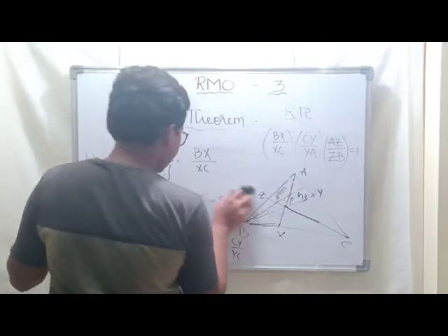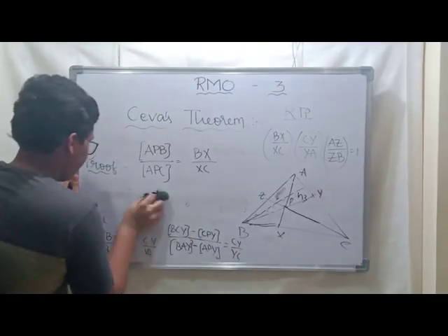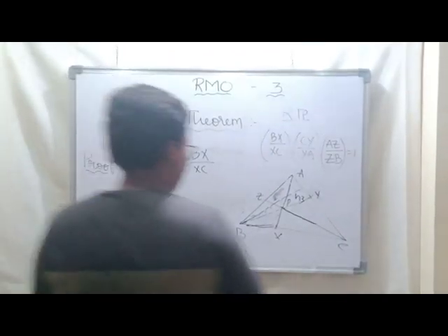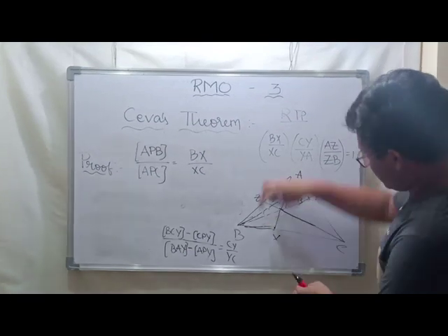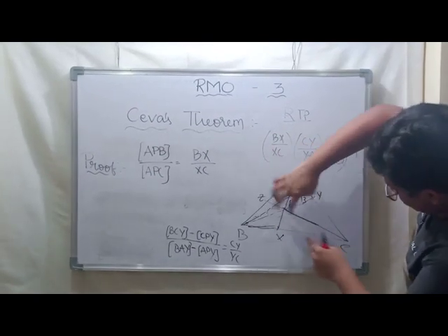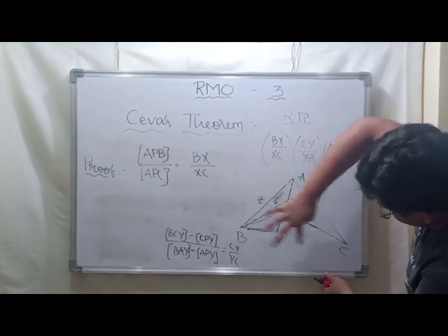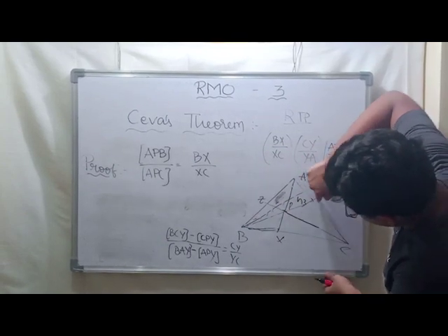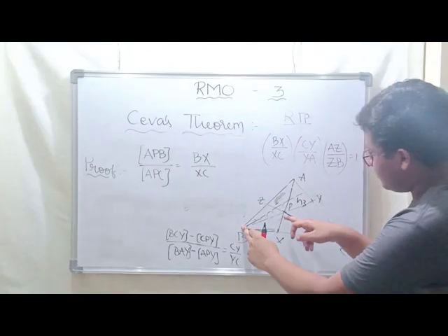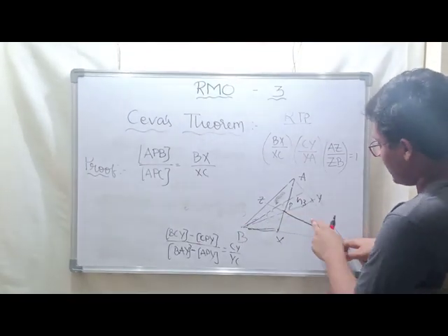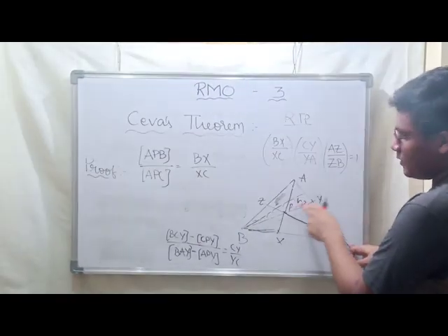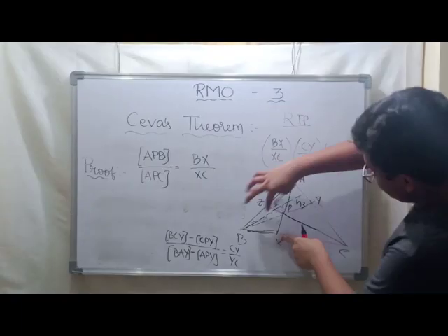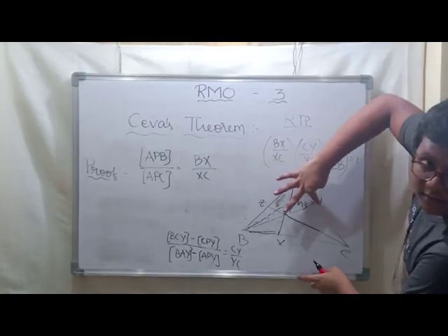So what will we get there? See here, area of triangle BCY minus CPY, what will we get?